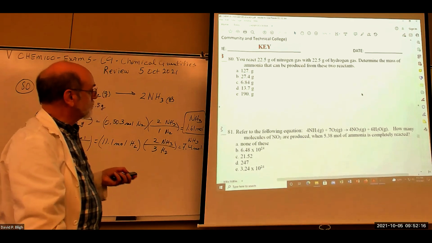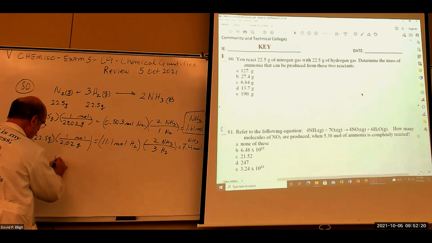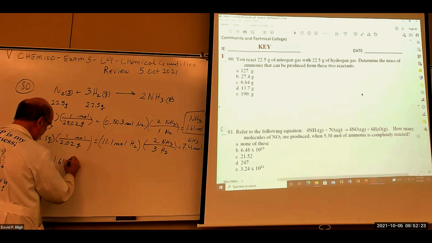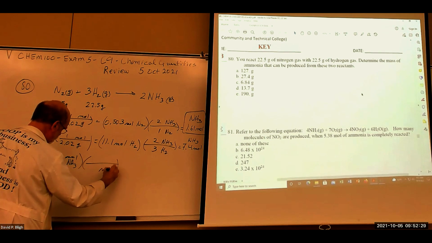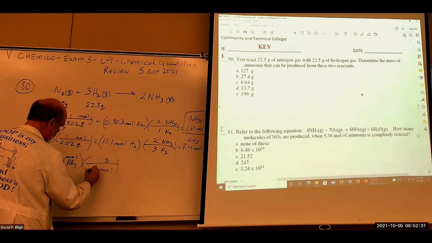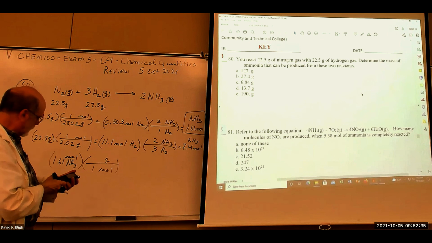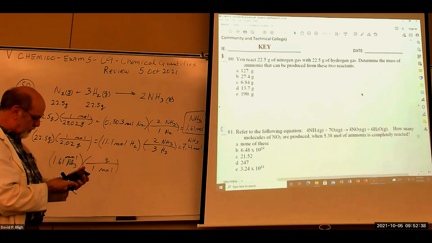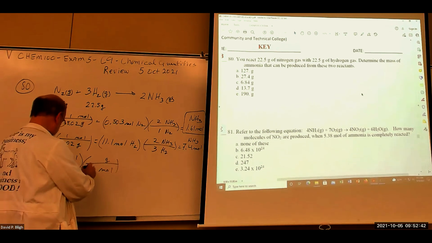So what was the question? The mass of ammonia. So now that we know the moles of ammonia, we can convert it to mass. Grams per mole of ammonia: 14.01 for nitrogen and 3.03 for the hydrogens because we have 3 of them, 3 times 1.01.